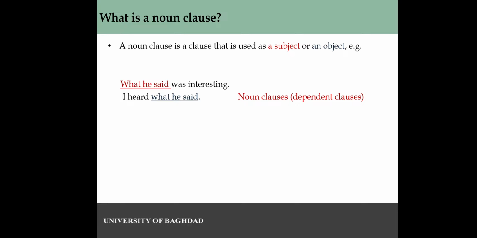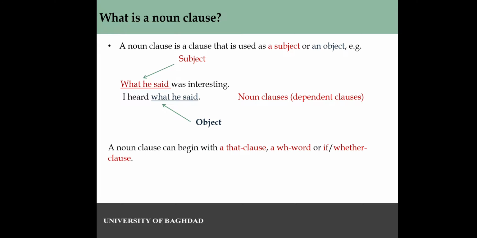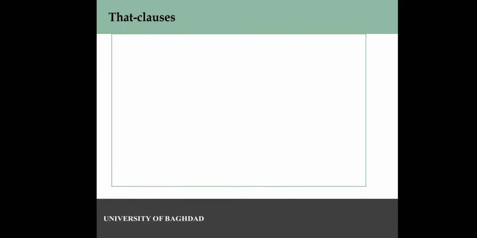The first one is used as a subject, while the second one is used as an object. So both these noun clauses are dependent clauses, but their functions are different. So we can use a noun clause either as a subject or an object. A noun clause can begin with a that clause, a WH word, or an if or whether clause.